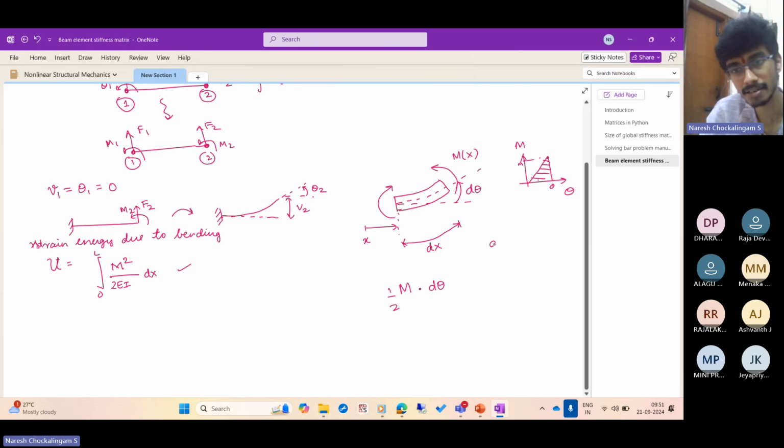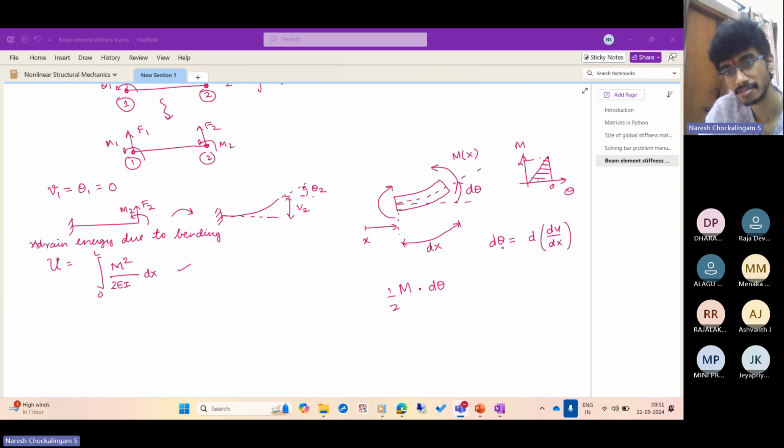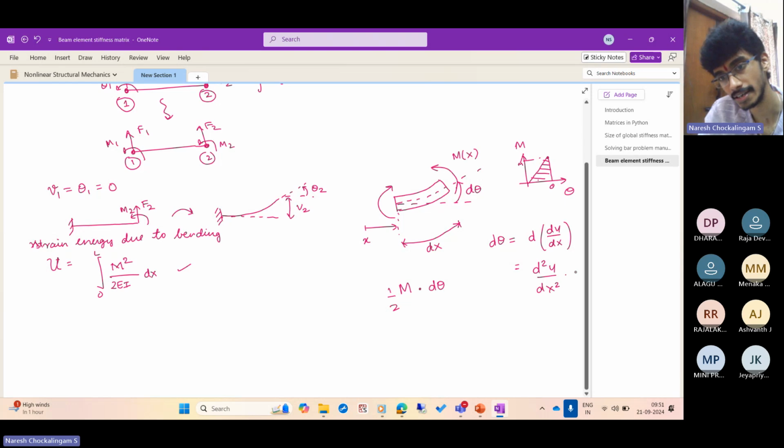What is d theta? D theta is this rotation. Theta is dy by dx, so d theta is a small quantity like this. It is nothing but d square y by dx square dx.